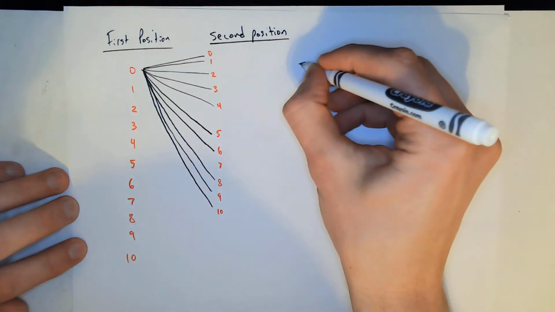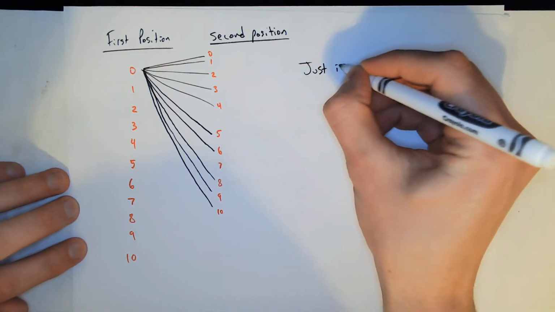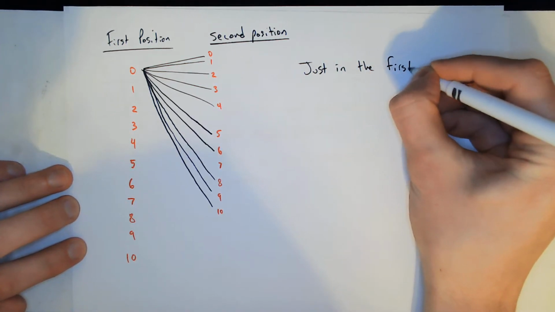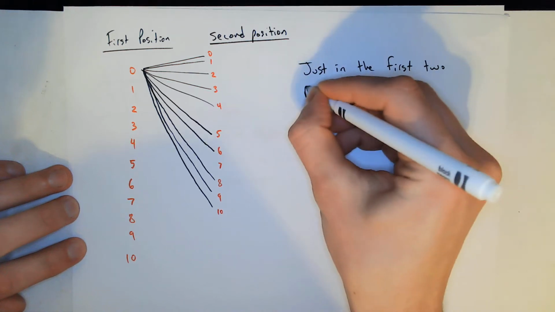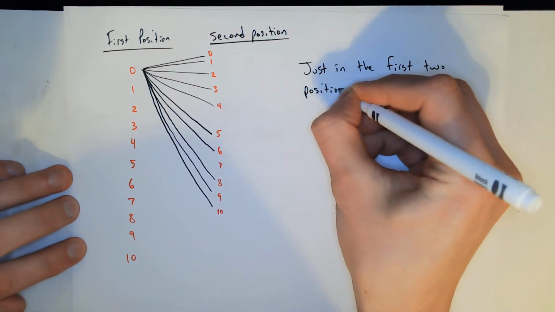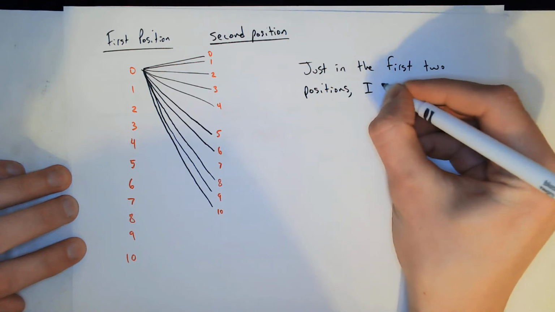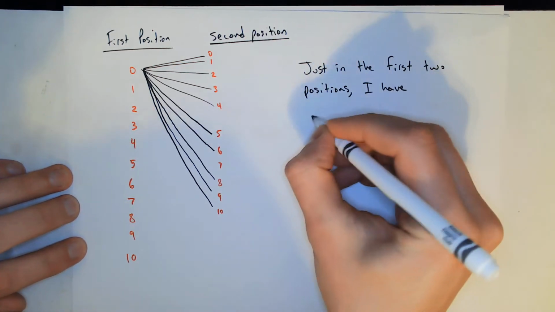So just in the first 2 positions, how many possibilities?